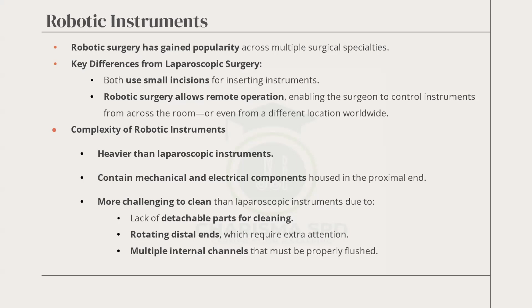And if you are lucky and you have a facility that has a sonic machine that cleans and disinfects the robotic arms, then you're good to go. The work is reduced. But if you don't have one, everything that we are talking about has to be done manually.